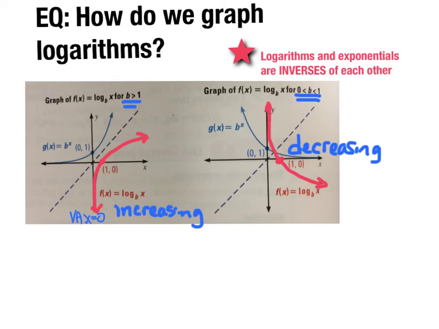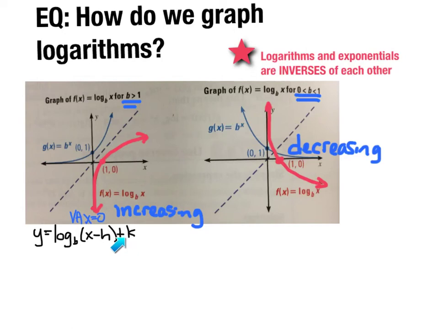Okay. Now, for not the parent function, if we just do it in the general form, y equals log base b of x minus h plus k. We're going to leave out an a for the day, so there won't be any reflections or anything like that. With an exponential, it was k that affected the horizontal asymptote, right?